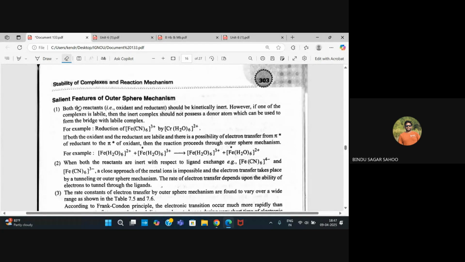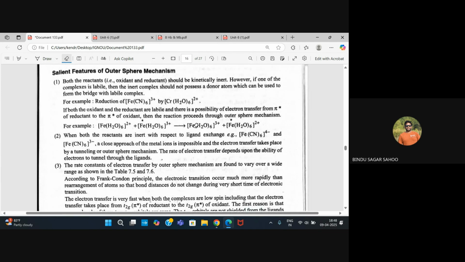The first thing: when the two reactant complexes, the oxidant and the reductant, are kinetically inert, then definitely there will be easy electron transfer from one side to the other. In the first example, he is taking the Fe(CN)6 3- complex and the chromium water 6 complex, for reduction of Fe(CN)6 by chromium water 6.